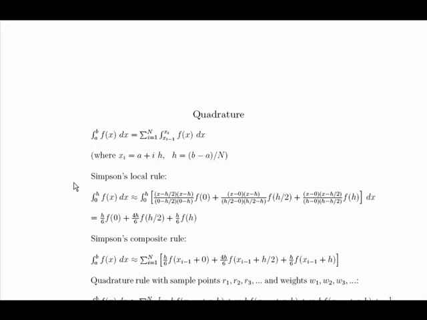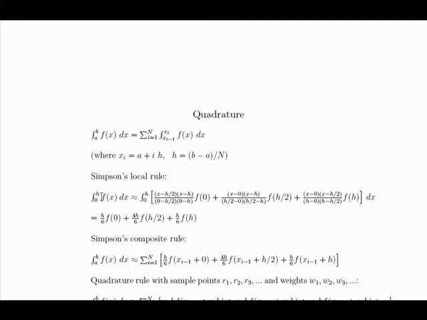For example, Simpson's rule is based on approximating f by a polynomial of degree 2, which interpolates to f at 3 points in each strip, the left-hand point, the right-hand point, and the midpoint. And it's easier to derive if we assume that our little interval goes from 0 to h rather than x_{i-1} to x_i, and then once we derive it, we'll just move everything back to the real interval x_{i-1} to x_i.